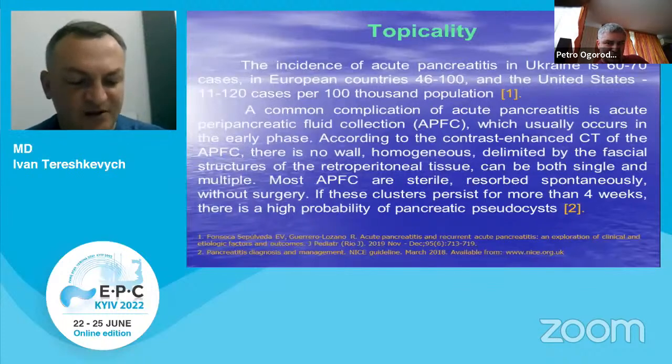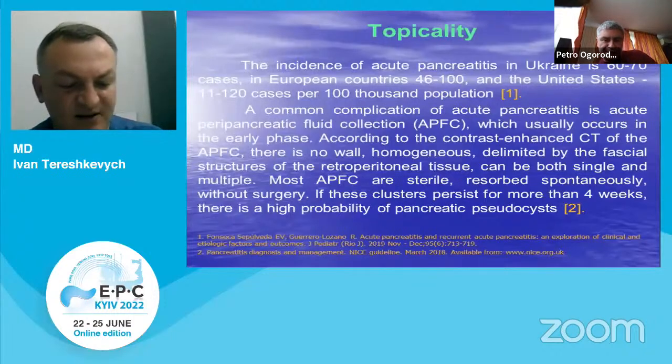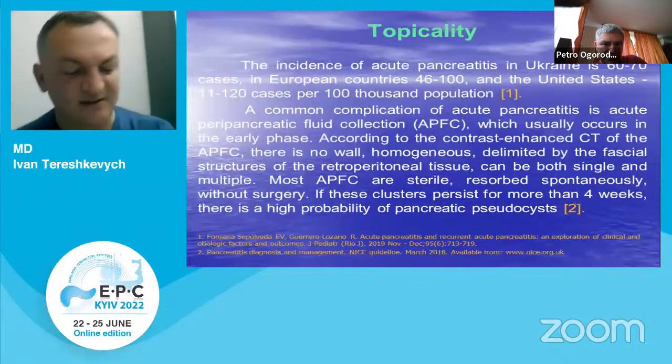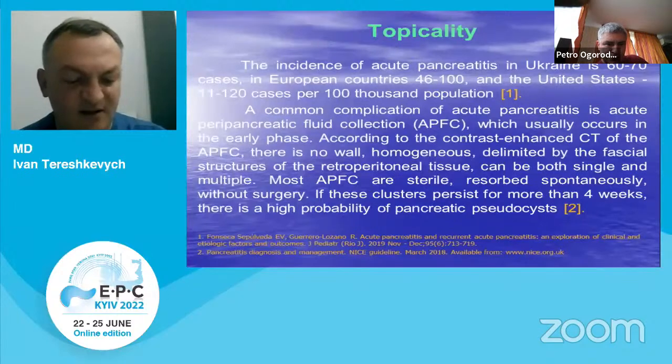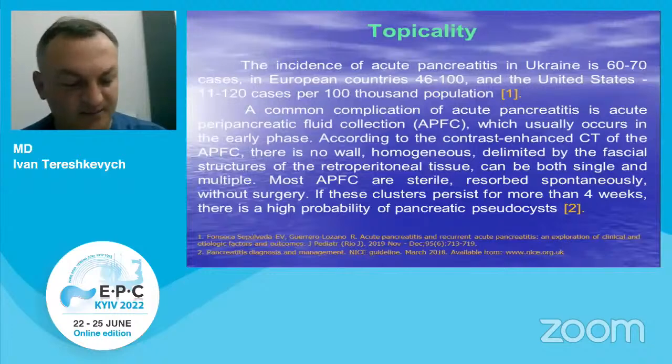The common complication of acute pancreatitis is acute peripancreatic fluid collection, which usually occurs in the early phase. According to the contrast enhanced CT, the fluid collection has no wall, is homogeneous, delimited by the fascial structures of the retroperitoneal tissue, and can be both single and multiple.